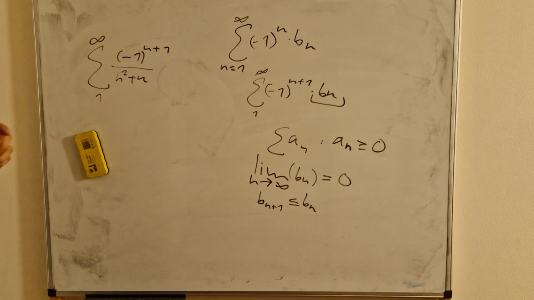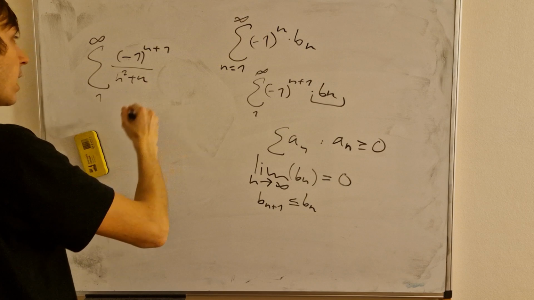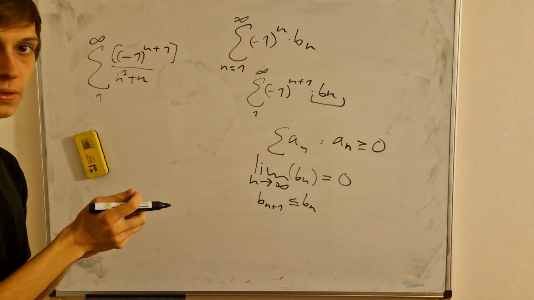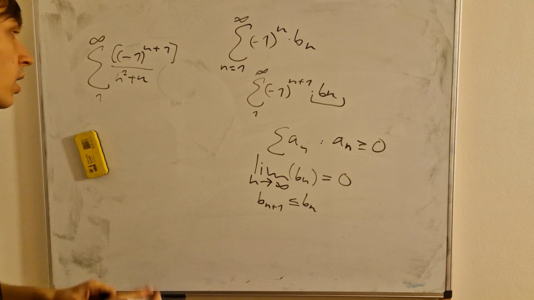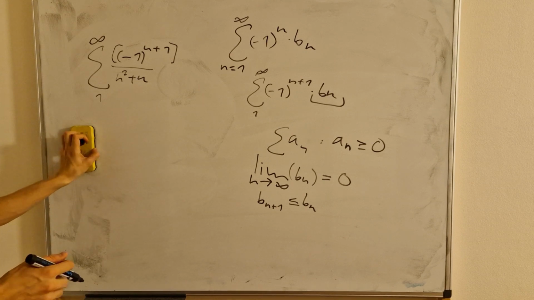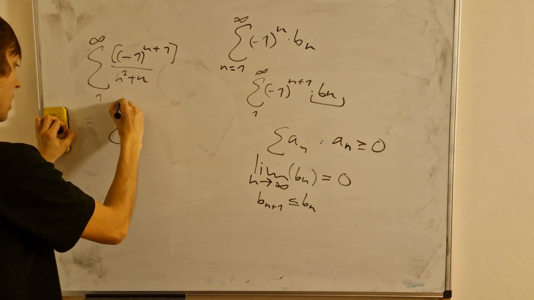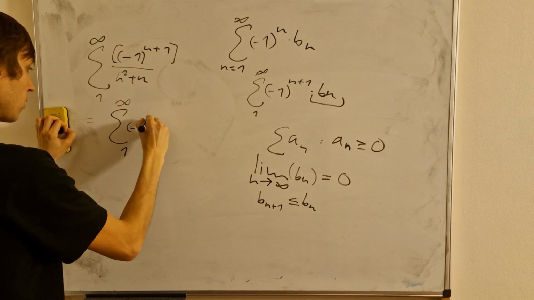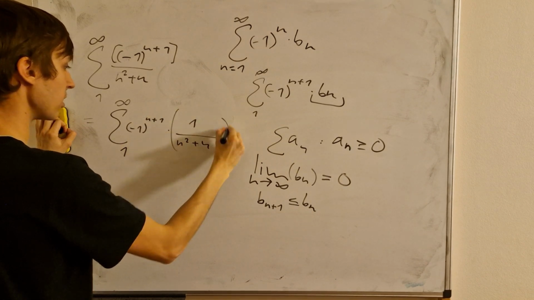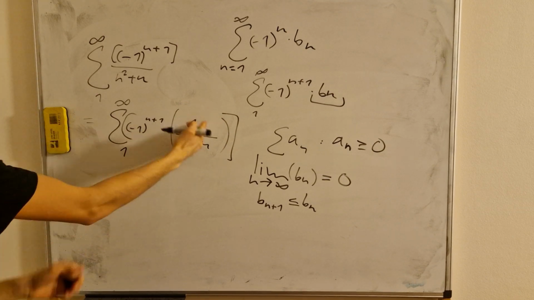Expect either -1 to the n plus 1 or -1 to the n; both just make it an alternating series, and this part doesn't matter for our determination of whether it's convergent or not. So we can rewrite it as this times 1 over n squared plus n, which is the normal part.